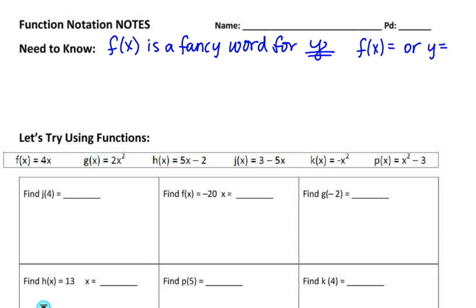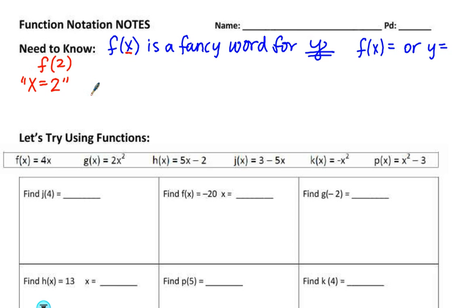Now that we know that, now you want to know this. Sometimes you might see something like this. We read that as f of 2. What this is telling me, well, notice what the 2 is in place of. It's in place of the x, right? So this is giving me an x value. It's saying x equals 2.